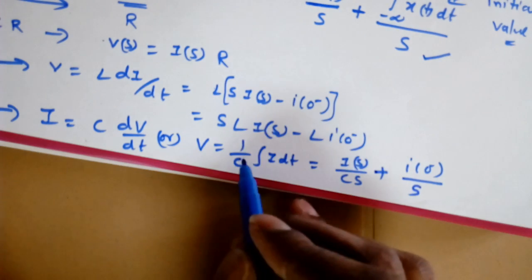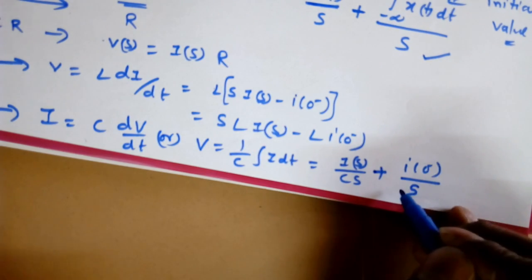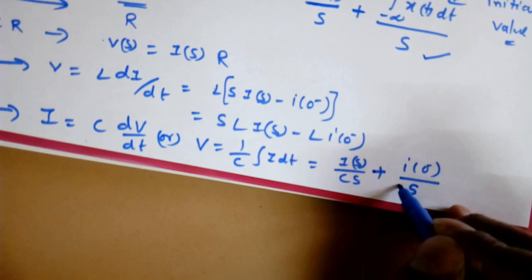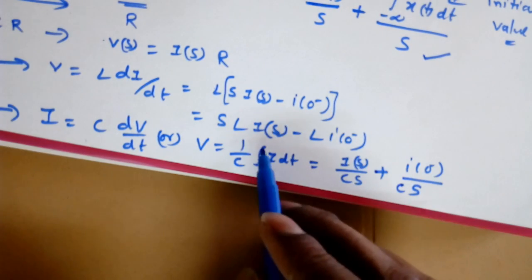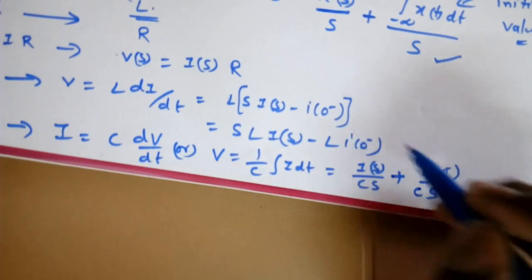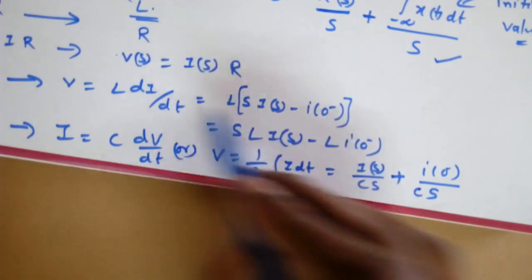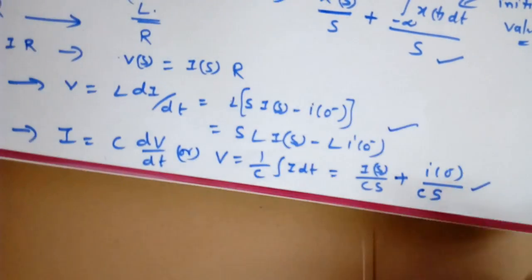This is 1 by C, so with the integration, we get I of 0 minus by C into s. So 1 by C is common. This is the inductor equivalent in the s domain, and this is the capacitor equivalent in the s domain.